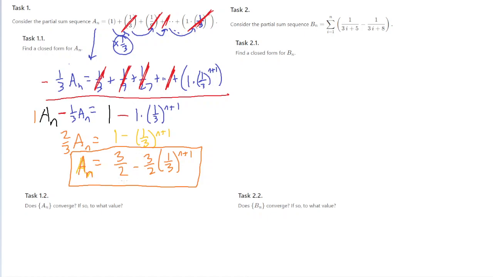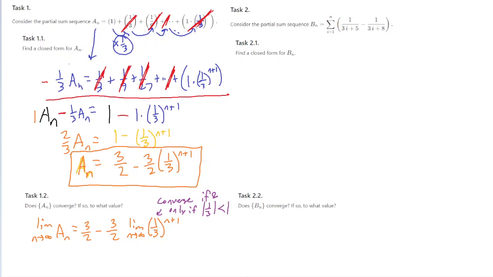All right, well, now that I'm here, does this thing converge, and if so, to what value? That's asking me, can I take that limit as n goes to infinity of a_n? Well, the only thing that matters is the n, all these constant multiples come on out, and I see here that 1/3 to the n plus 1, limits of this form converge if and only if the 1/3, its absolute value, is less than 1.